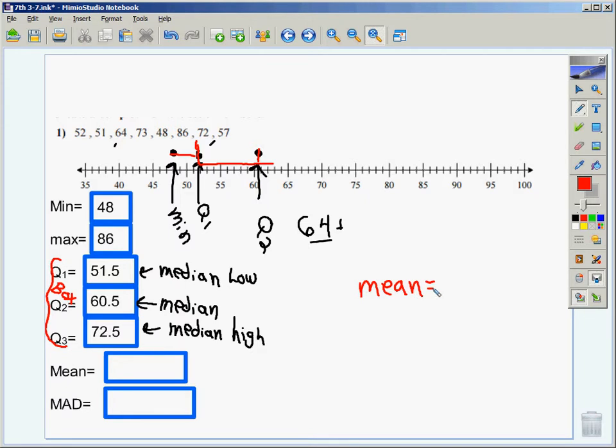How do I find the mean? You add all the numbers, you add from 52 to the 86. I add all these together. And then you divide by how many you added, which is 8.